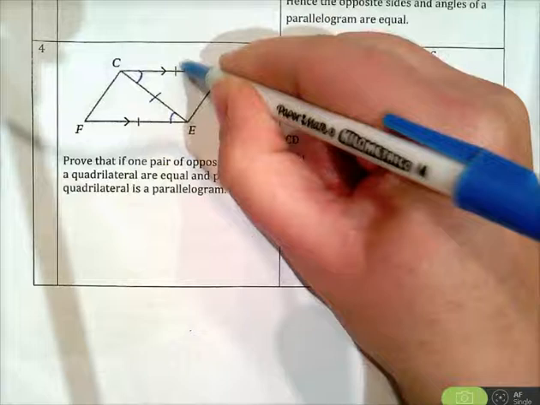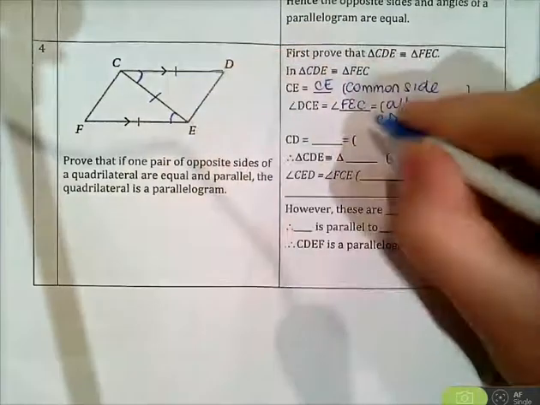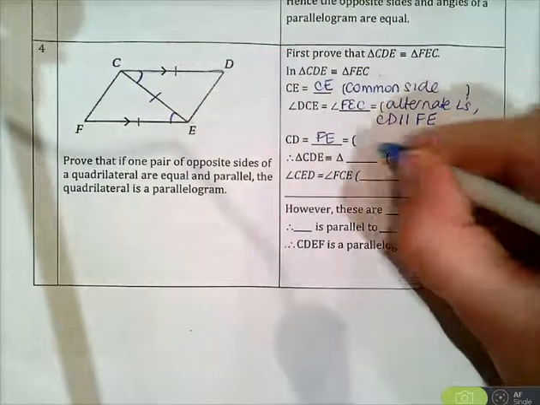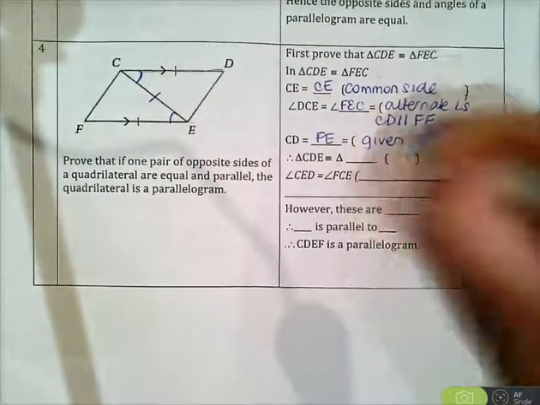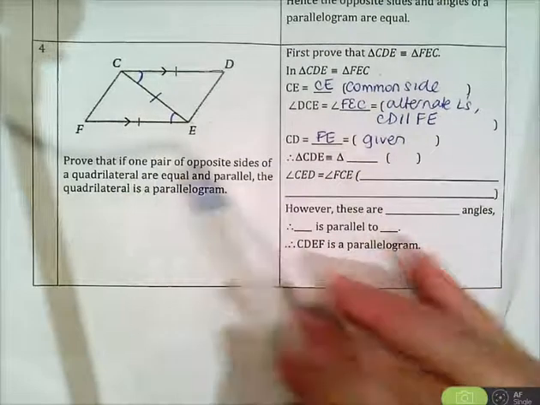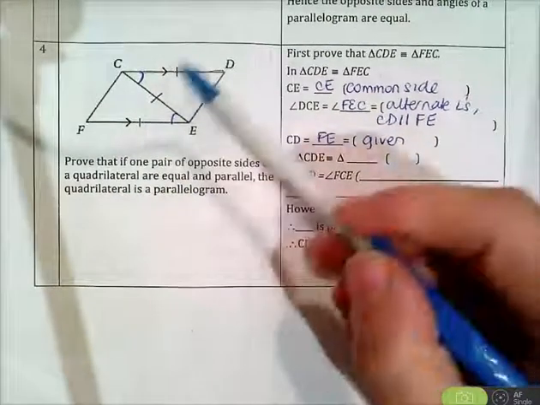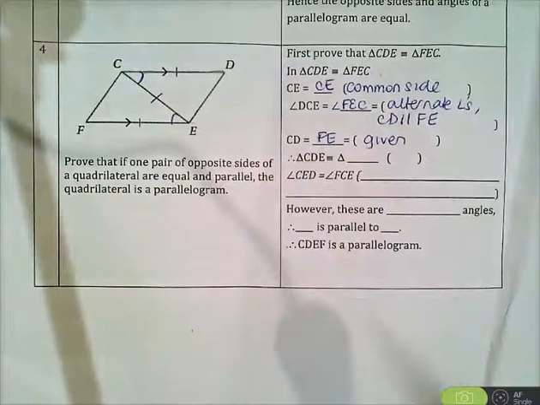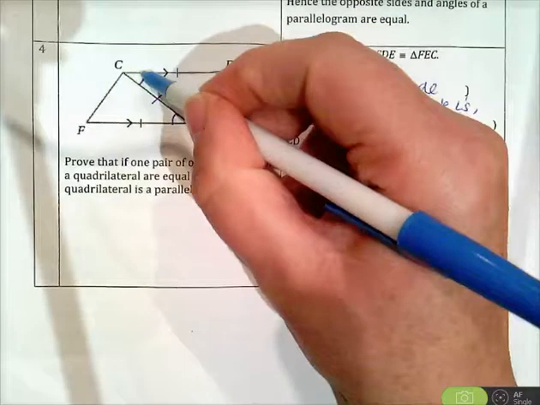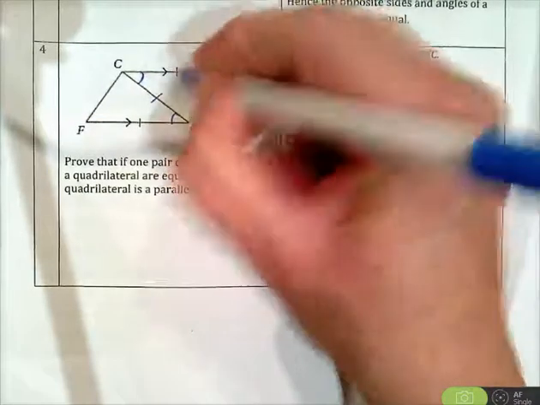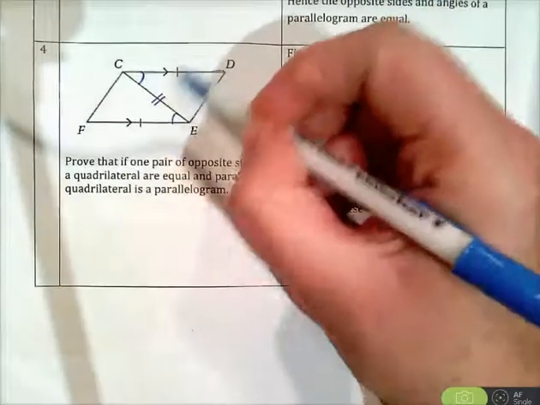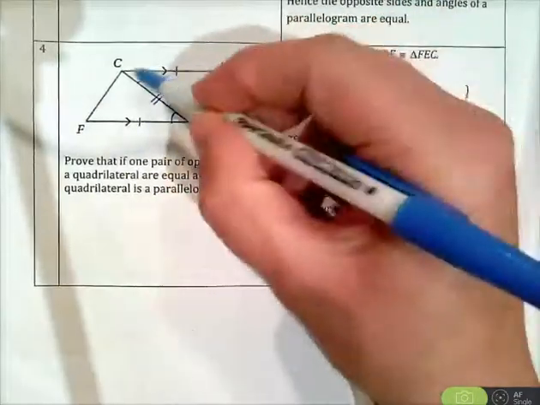Now, they've also told us in the question that CD equals FE, and that was given, okay? Because it tells us one pair of opposite sides of a quadrilateral are equal and parallel, and they've marked those there, okay? So what have we got? We've got side, angle, side. Wait, I better put a double dash here because there's single dashes there. Side, angle, side.